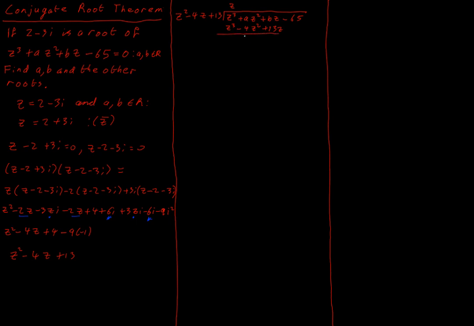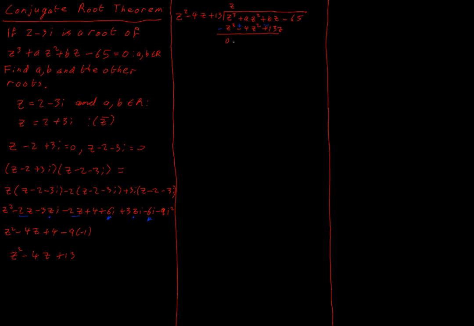Next step is subtract. If I subtract the negative, it's the same thing as adding. And I obviously get 0 there. These are both z squared, so I'm going to take the common factor of z squared.